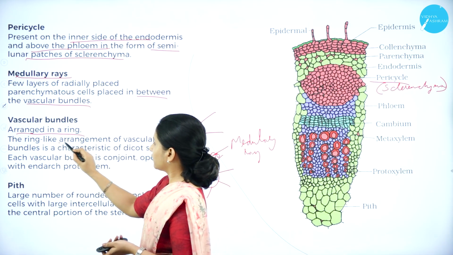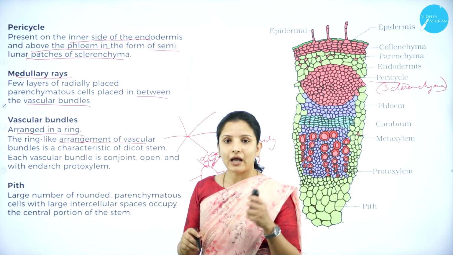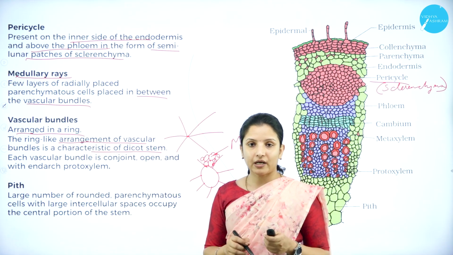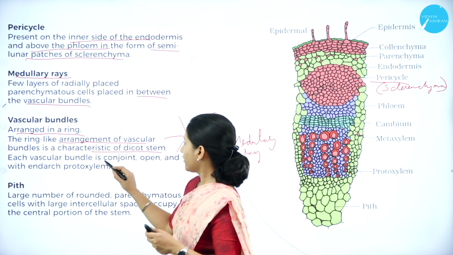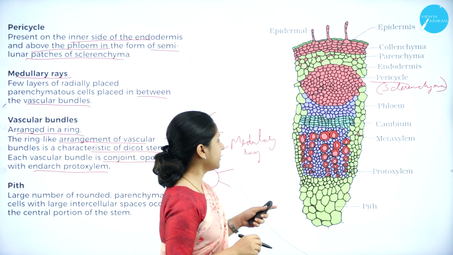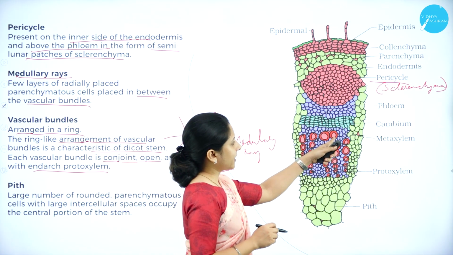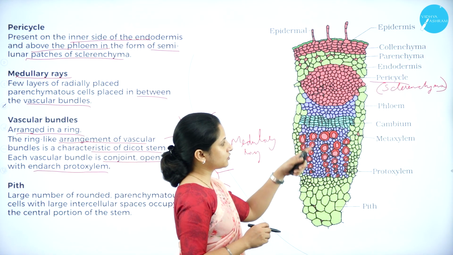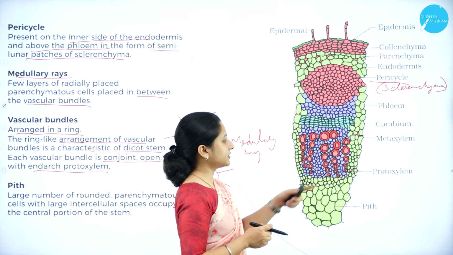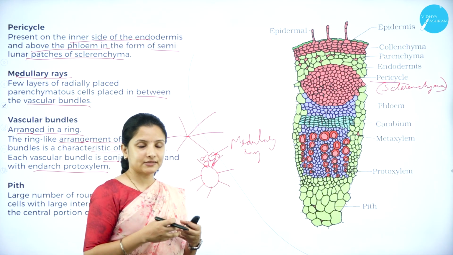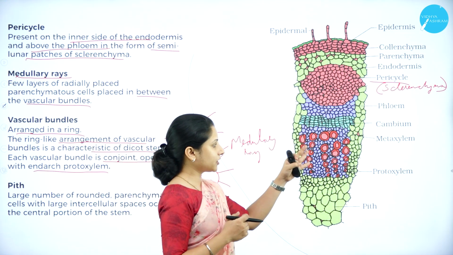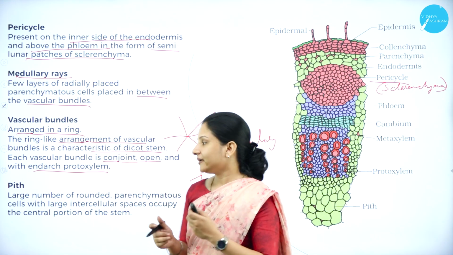Each vascular bundle is conjoint, open, and with endarch protoxylem. Endarch means the metaxylem is always faced towards the outer region, and the protoxylem is always faced towards the inside, towards the pith, away from the periphery. This particular condition is called the endarch condition.